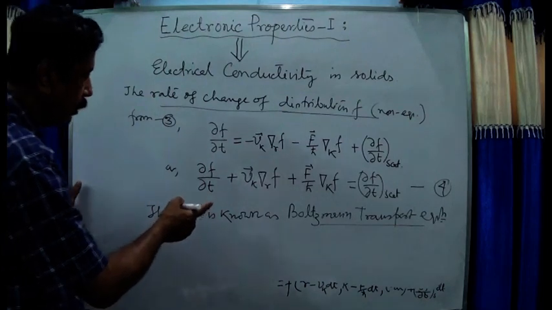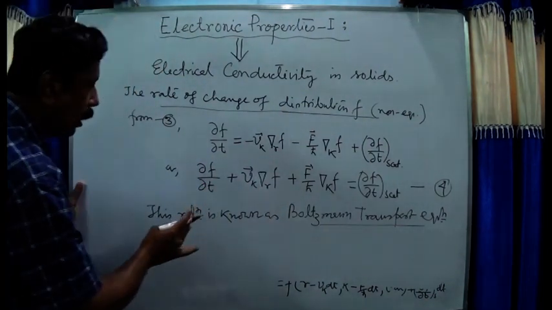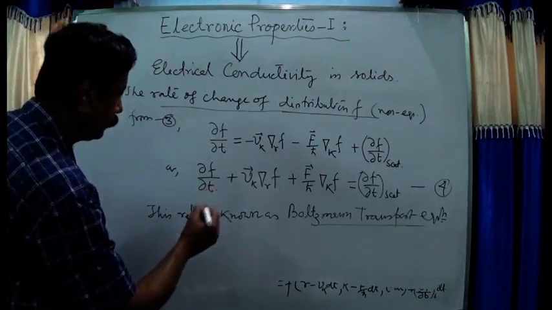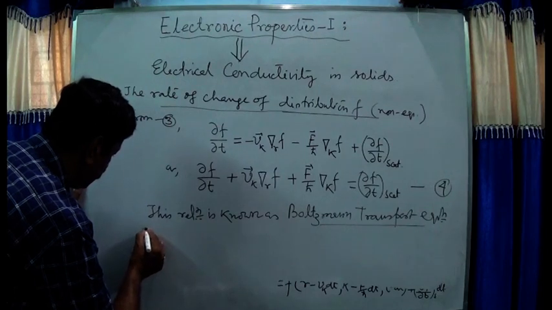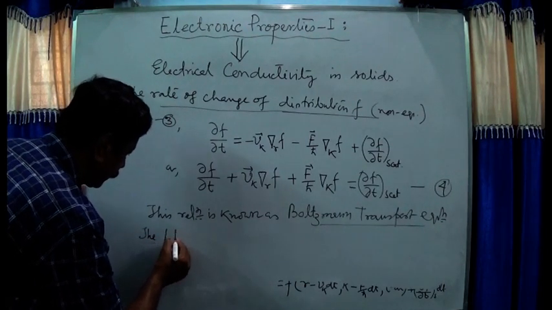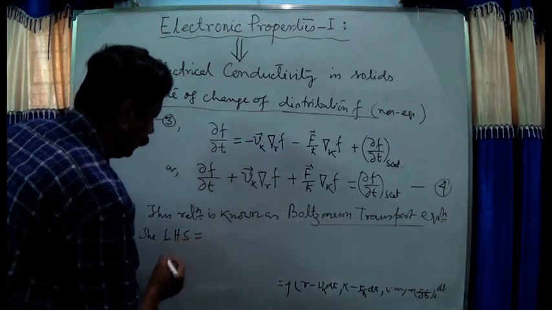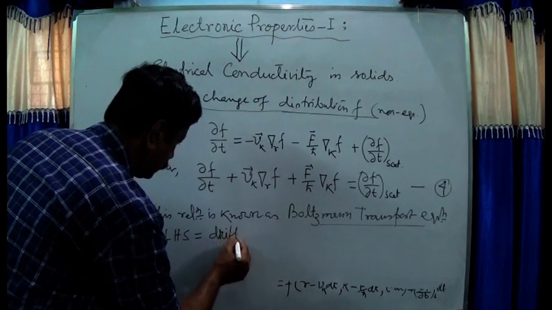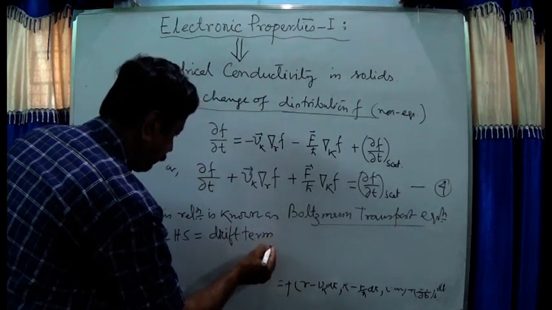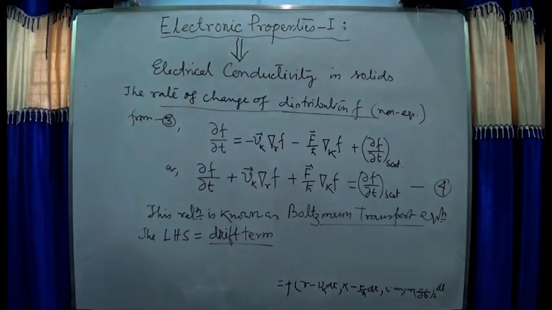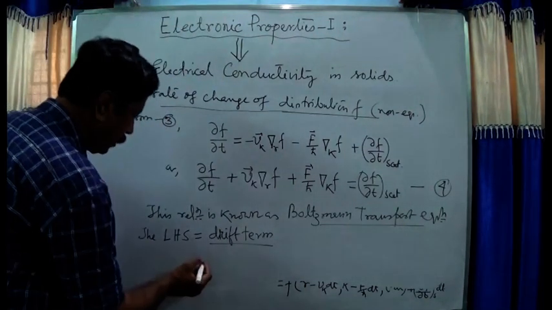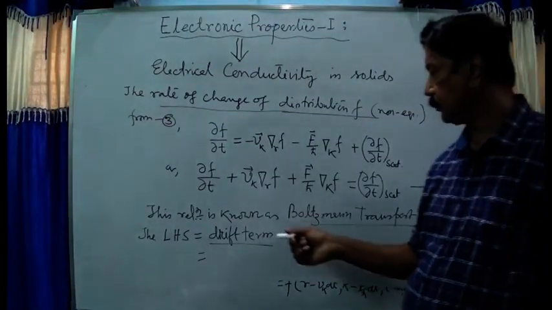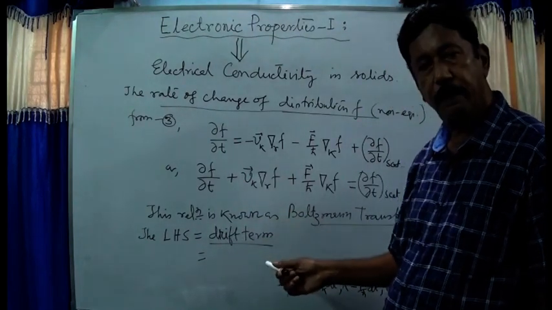Now, the terms of this equation can be identified in this way. The left hand side is known as the drift term, and right hand side is the scattering term.